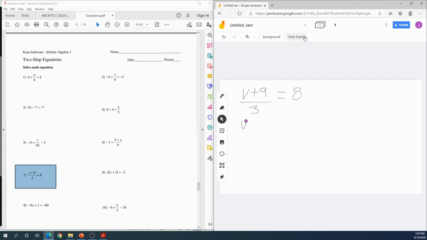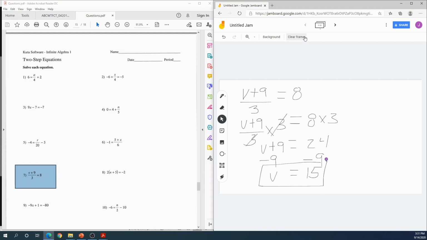So we get v plus 9 divided by 3 times 3 is equal to 8 times 3. 3's cancel on the left side. We get v plus 9 is equal to 24. We'll subtract 9 from both sides of the equation, and we get v is equal to 15.